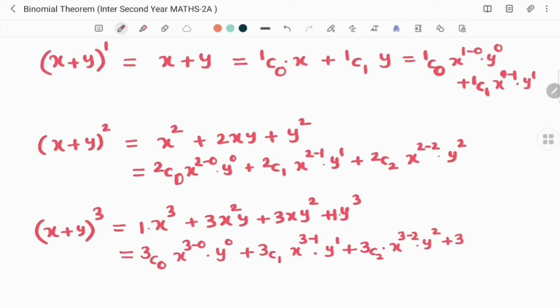That 1 can be written as 3c3, since ncn is equal to 1, and in terms of x also, x power 3 minus 3 into y power 3. Why am I explaining all this?